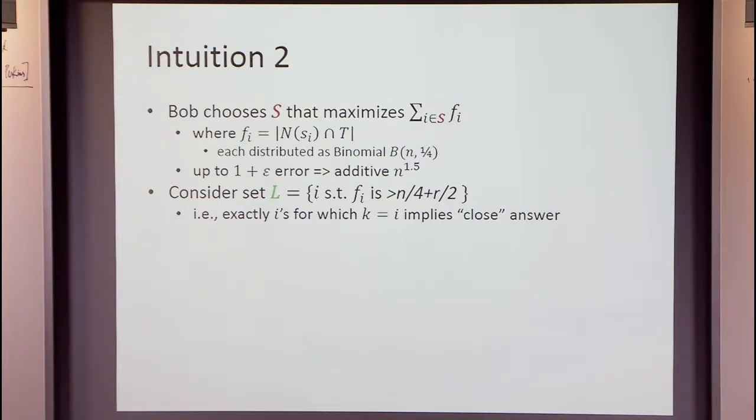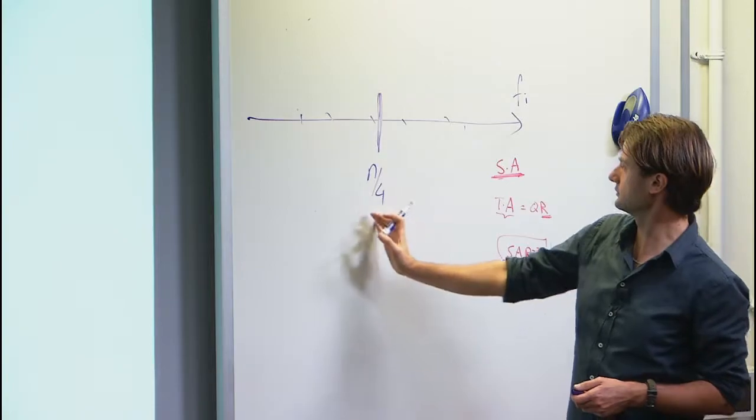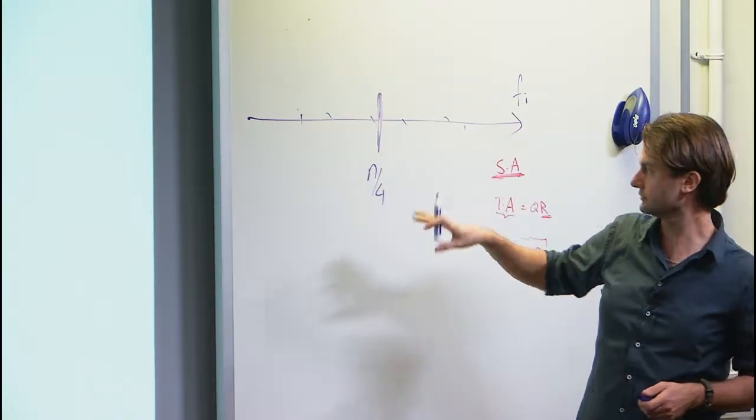So pictorially, we have this line, these are the counts Fi, and we have a bunch of them here. Somewhere here, which is n by 4, is the expectation, and they are distributed around this value.